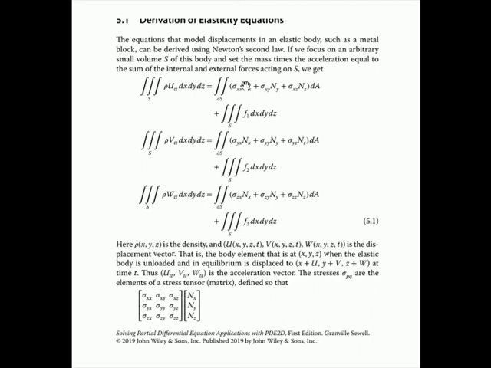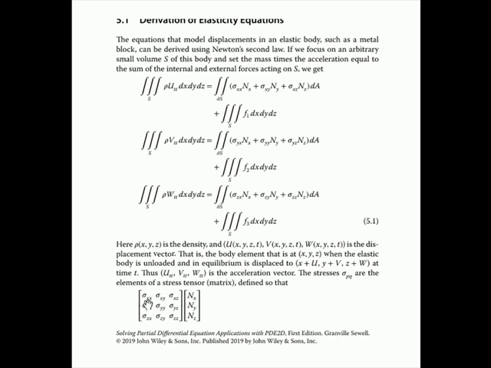But we also have a force on that portion S of the body that's exerted by the rest of the body, and that's what this expression tells you here: the force vector on a portion of the boundary of S that has normal vector nx, ny, nz, a unit normal to the boundary. A piece of boundary of S with that unit normal will experience this force acting on it, where this is called a stress tensor or matrix.